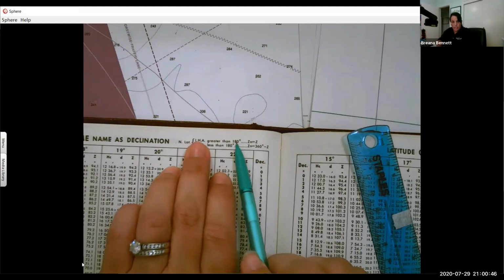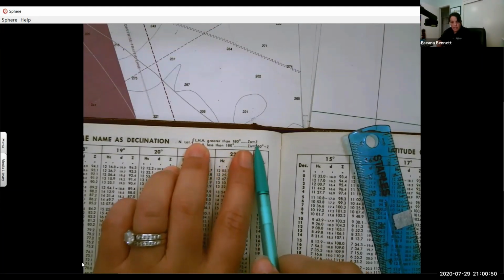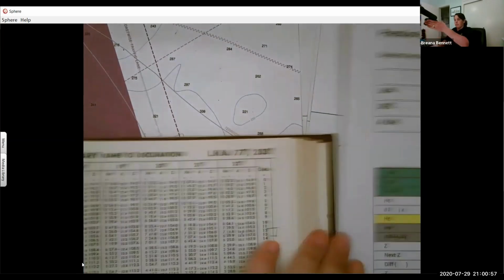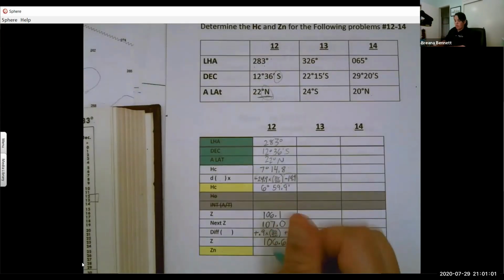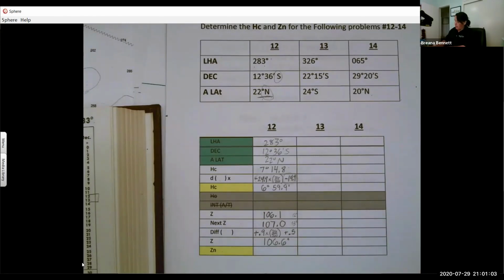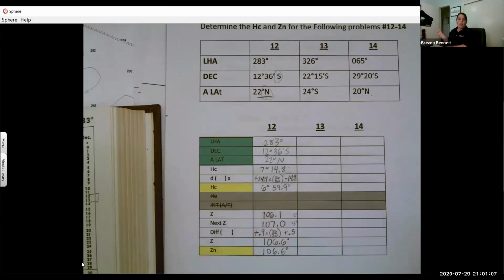LHA is greater than 180, so our Zn is equal to Z. We don't need to change it in any way. So our Zn is 106.6.